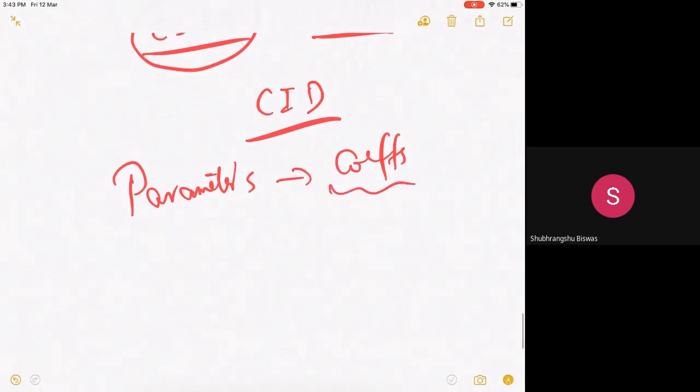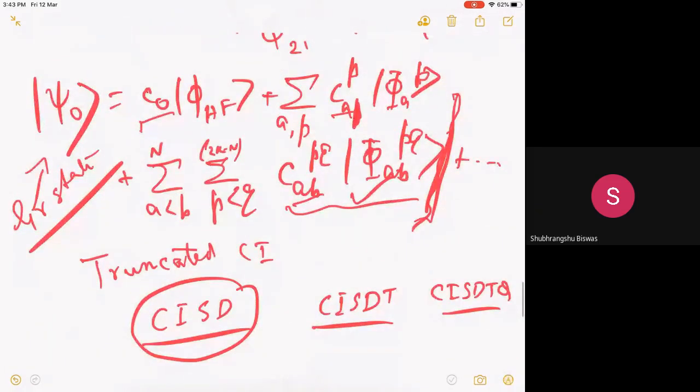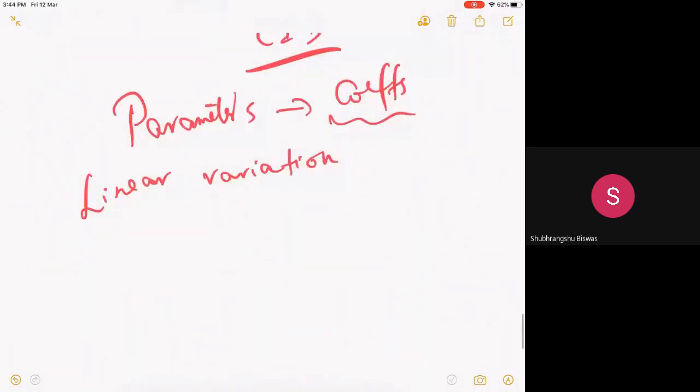These combination coefficients are found by the variation method, and in this particular case it will be called linear variation because your coefficients are just linear. The variation is occurring in the linear coefficients. So there is no c square, for example. If there were a c square or c cube, that would have become nonlinear variation. So I have only linear variation and I have to solve this problem.